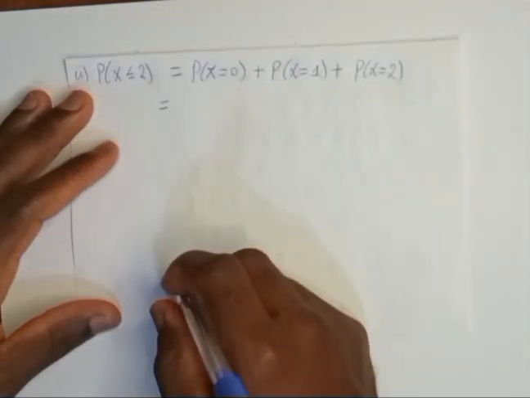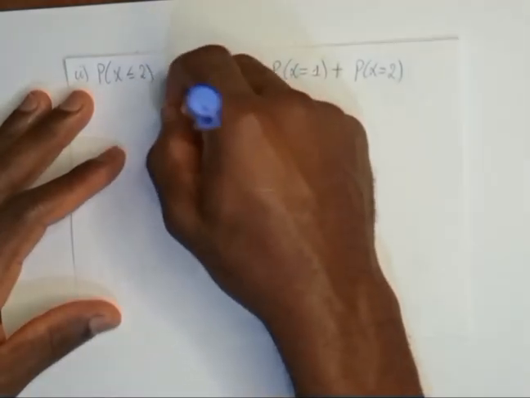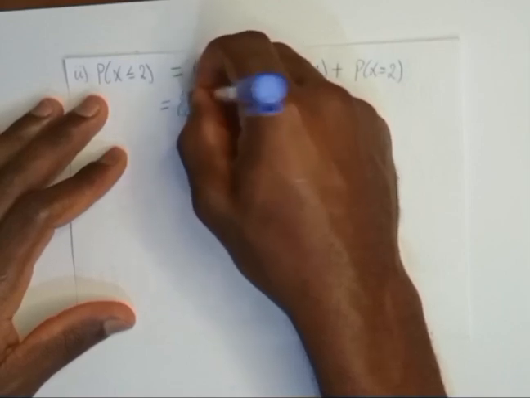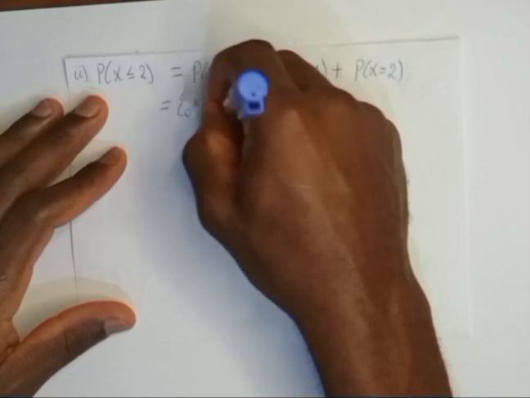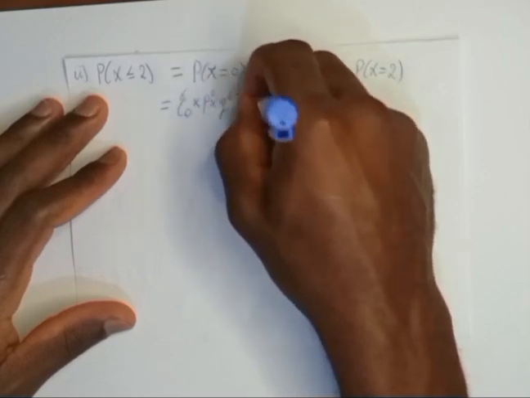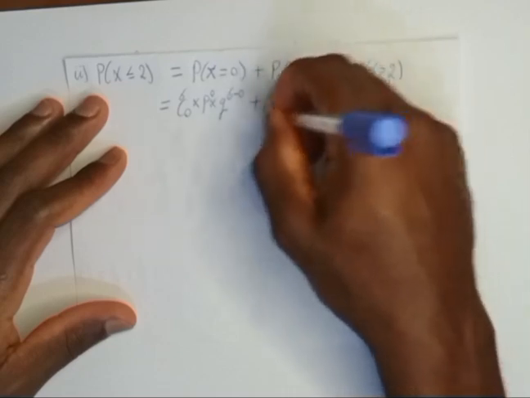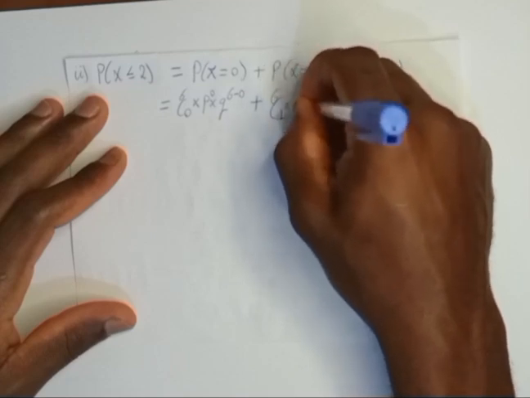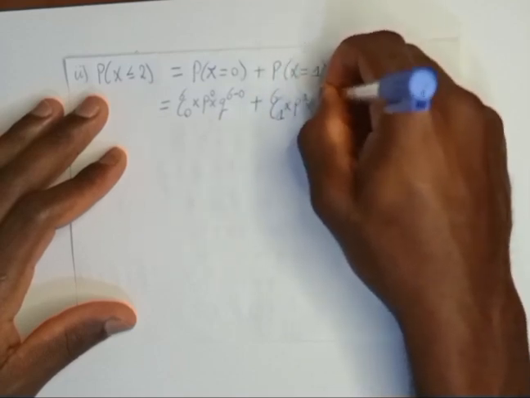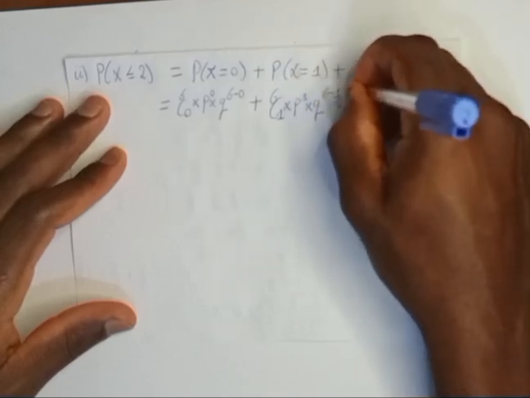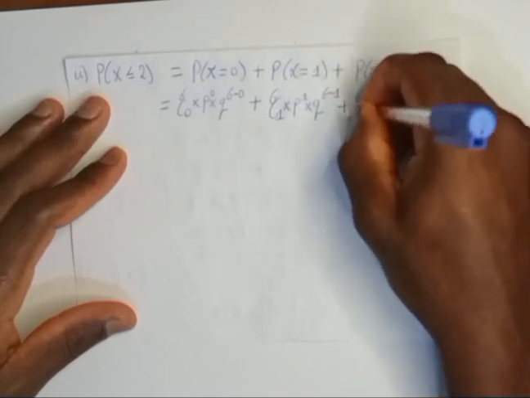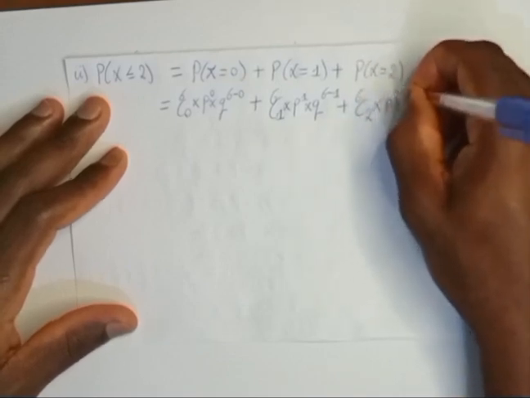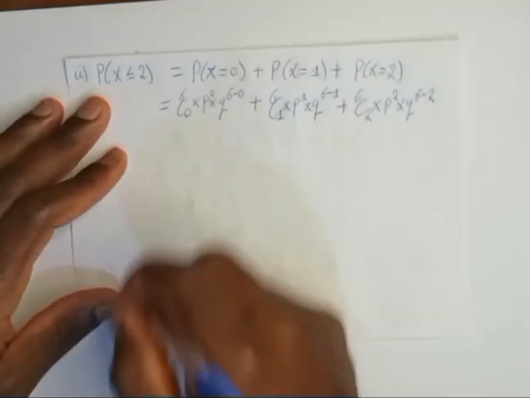This will simply be equal to 6 combination 0 times p raised to the power 0 times q raised to the power 6 minus 0, plus 6 combination 1 times p raised to the power 1 times q raised to the power 6 minus 1, plus 6 combination 2 times p raised to the power 2 times q raised to the power 6 minus 2.